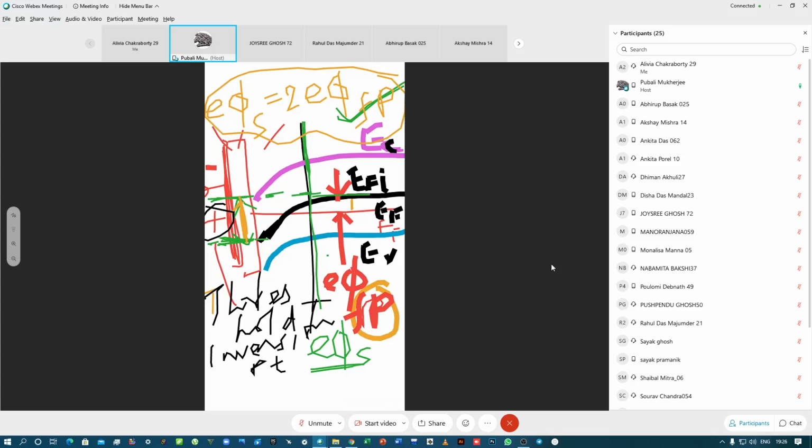When E phi s is twice E phi fp, you get the threshold inversion point, and the applied positive gate potential at that point is called the threshold voltage.